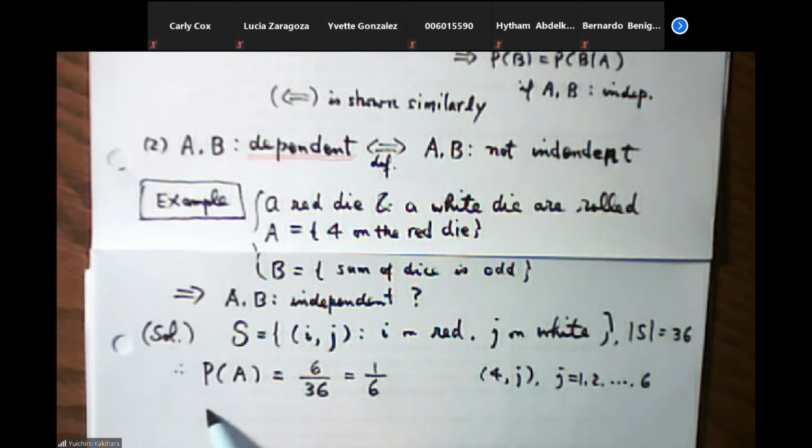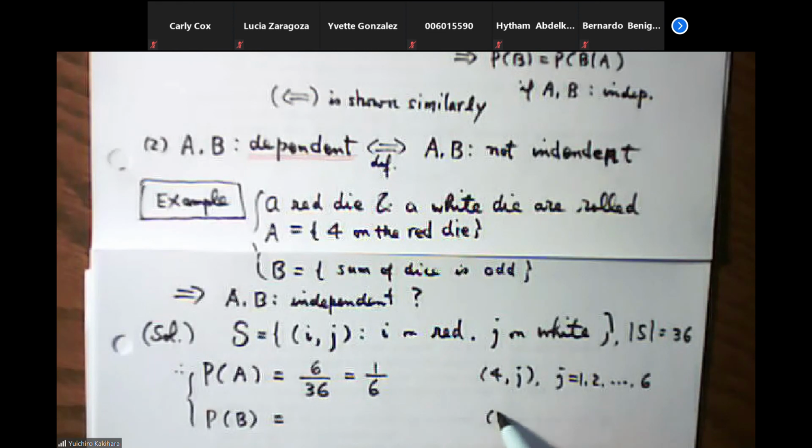So what about the B? What do you think? Sum of the dice is odd. Okay, out of 36, how many possibilities?